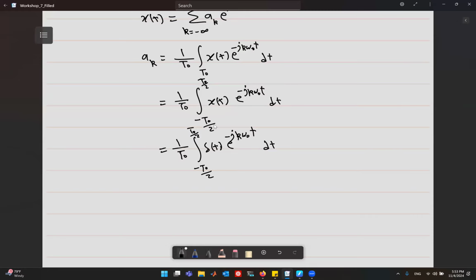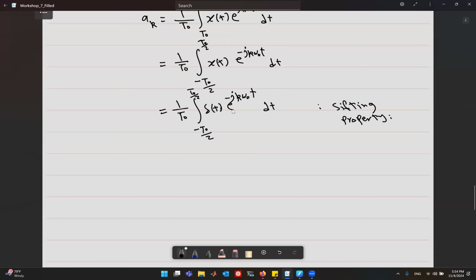Now we will use a very important property of the impulse, which is the shifting property. It says when we have some integral from minus infinity to plus infinity, or from some negative to some positive number around this impulse, and then times some function, the result will be just this function evaluated at 0 in this case.